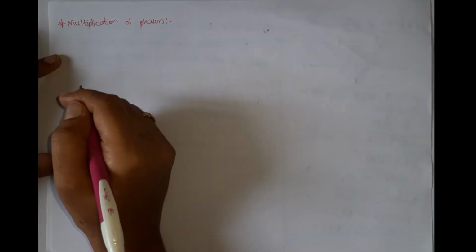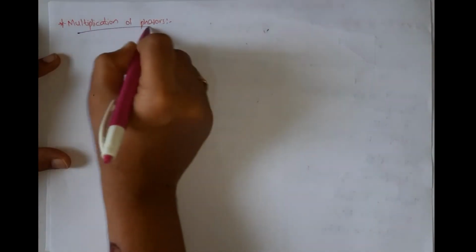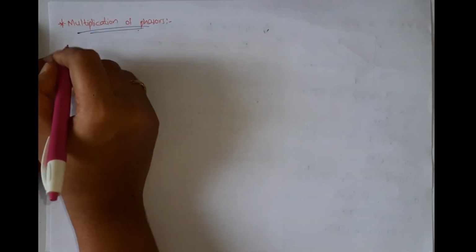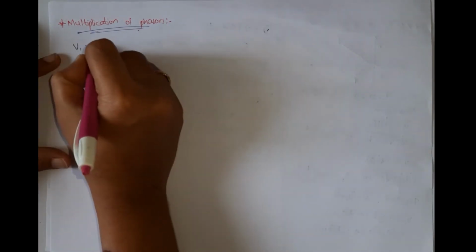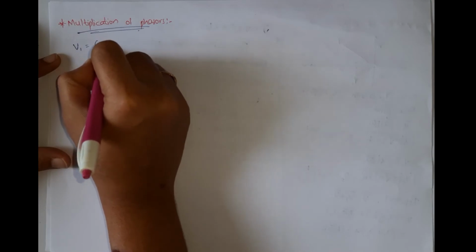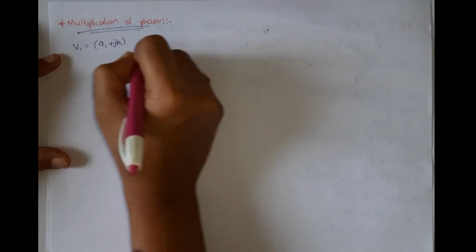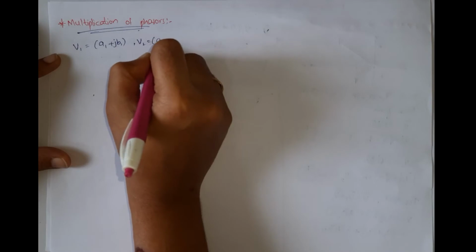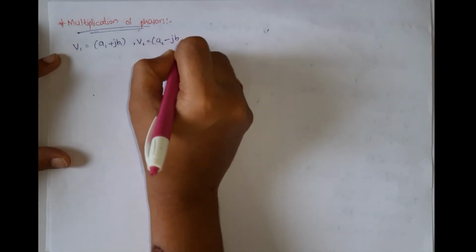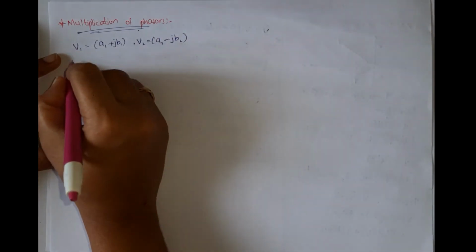Now coming to multiplication of phasors. In rectangular form, it is like V1 is equal to A1 plus jB1 and V2 is equal to A2 minus jB2. I am writing all the forms here.